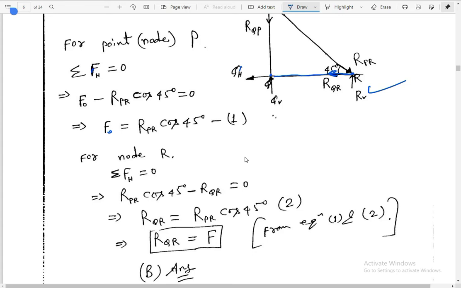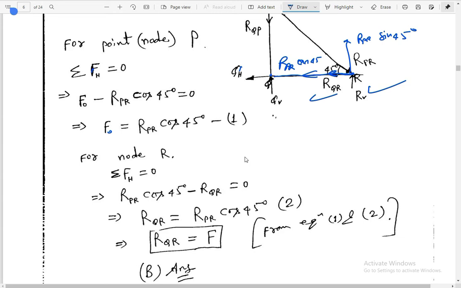This value is RPR cos 45 according to this angle, and this one is RPR sin 45. So RPR cos 45 minus RQR equals 0. Finally, RQR is equal to F.